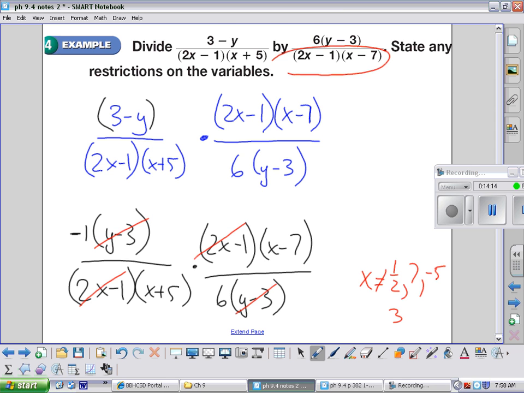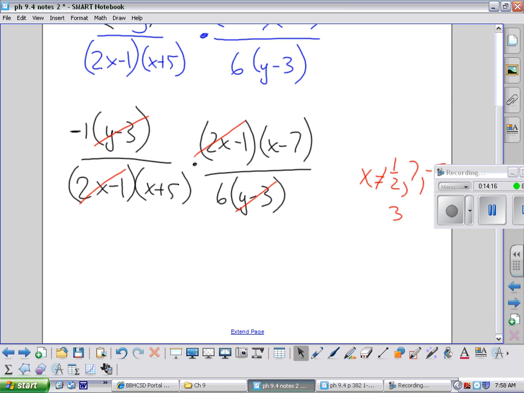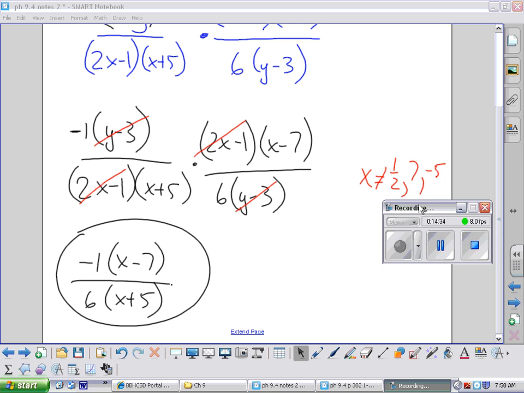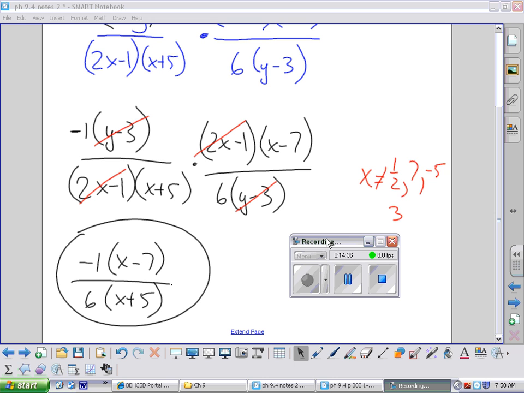And basically your final answer would just be -1 x minus 7 over 6 x plus 5. And you could express it that way. You could multiply that out together, whatever you so choose. Okay, so simplify basically straight away.